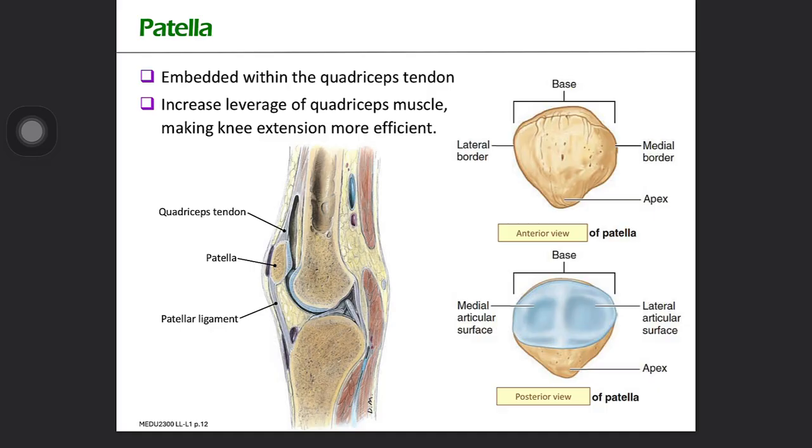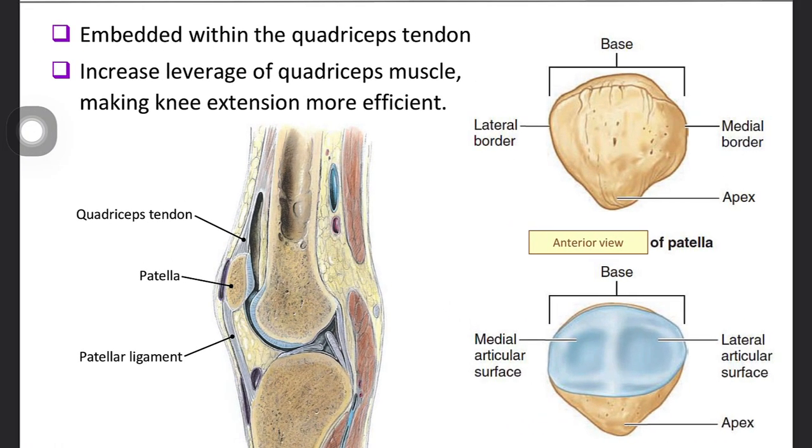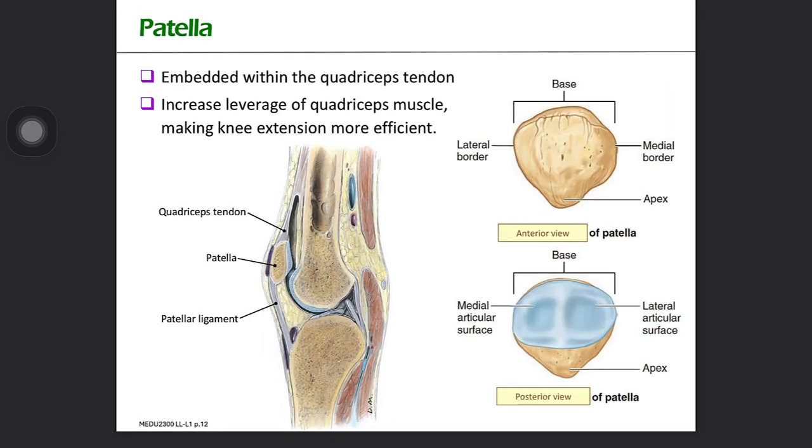The patella is embedded within the quadriceps tendon. That's why I think it's better to let you have this image. This increases the leverage of the quadriceps muscle, making knee extension more efficient, right?